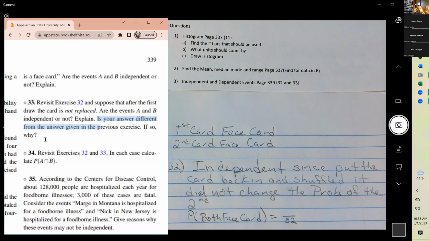And if you want, you could have a deck of cards opened up, like on the screen.